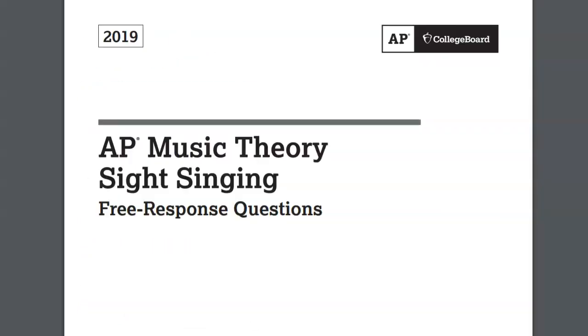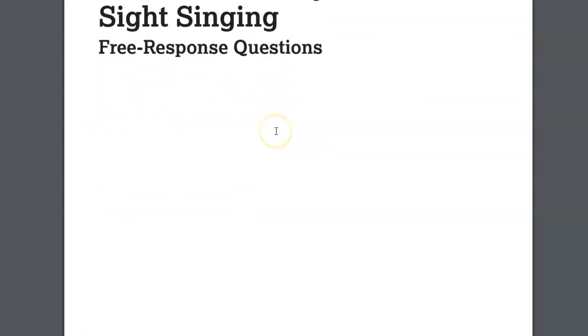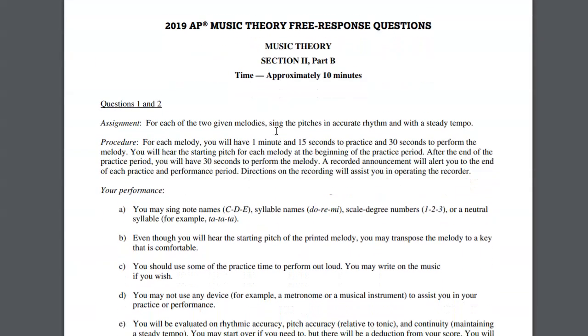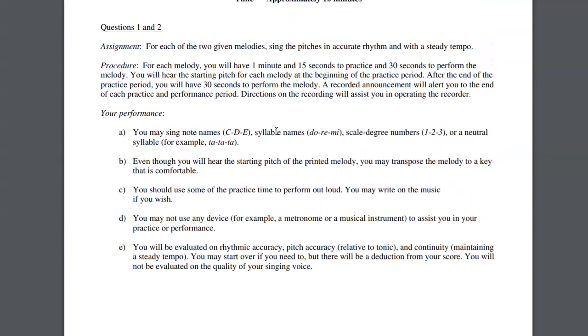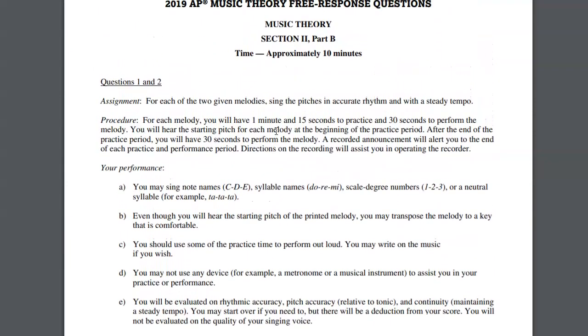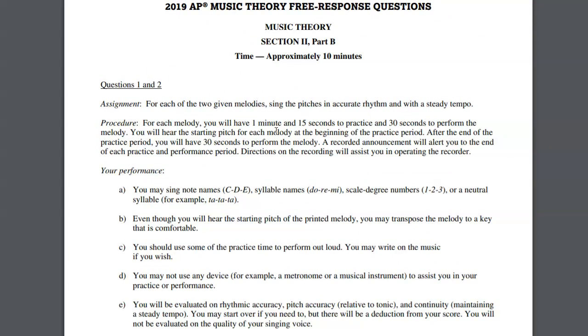Music Theory Exam, Section 2, Part B. These are the directions for the sight singing questions. Follow the directions on the front of the sight singing booklet as they are read aloud. Instructions. The melodies that you will perform for questions 1 and 2 appear in this booklet. Follow along as you hear the directions for Part B, but do not open this booklet. You will be told to open the booklet only when it is your turn to perform. Questions 1 and 2. Assignment.